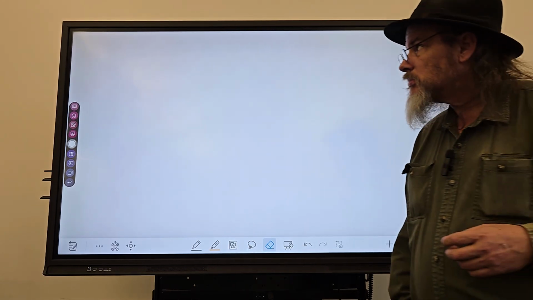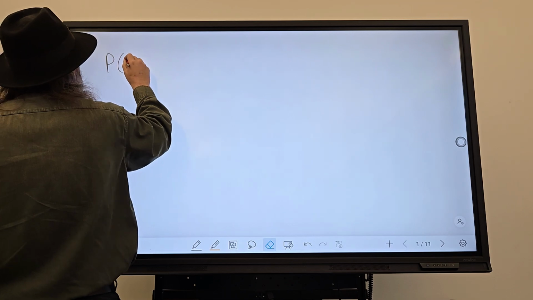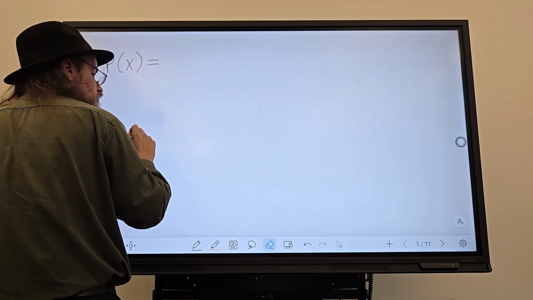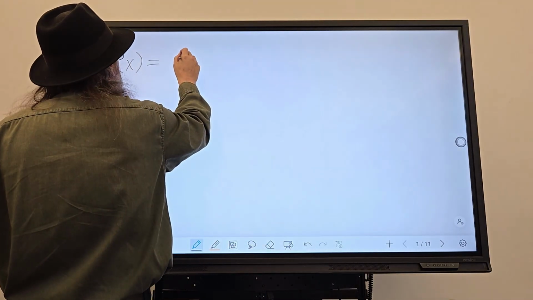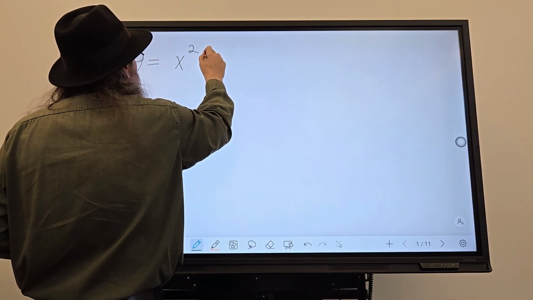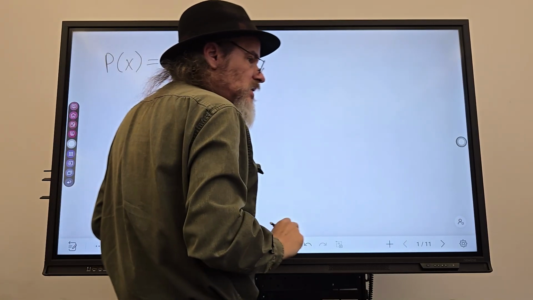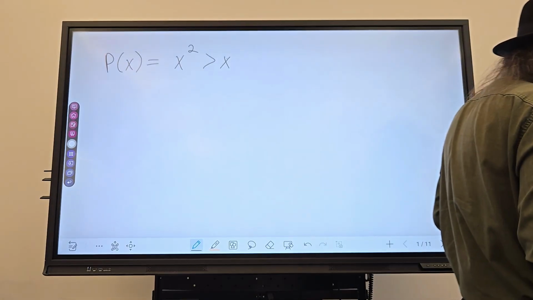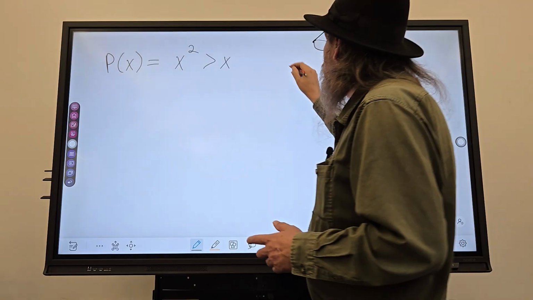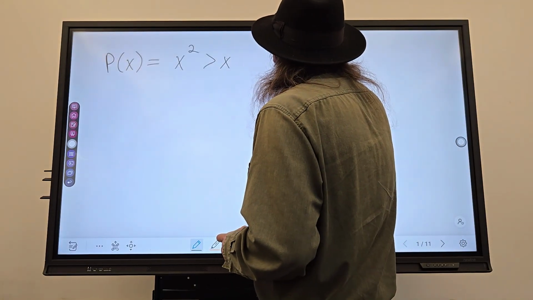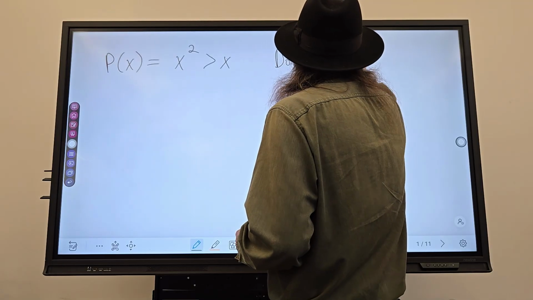Take P of x to equal x squared is greater than x. Okay? With the domain real numbers.